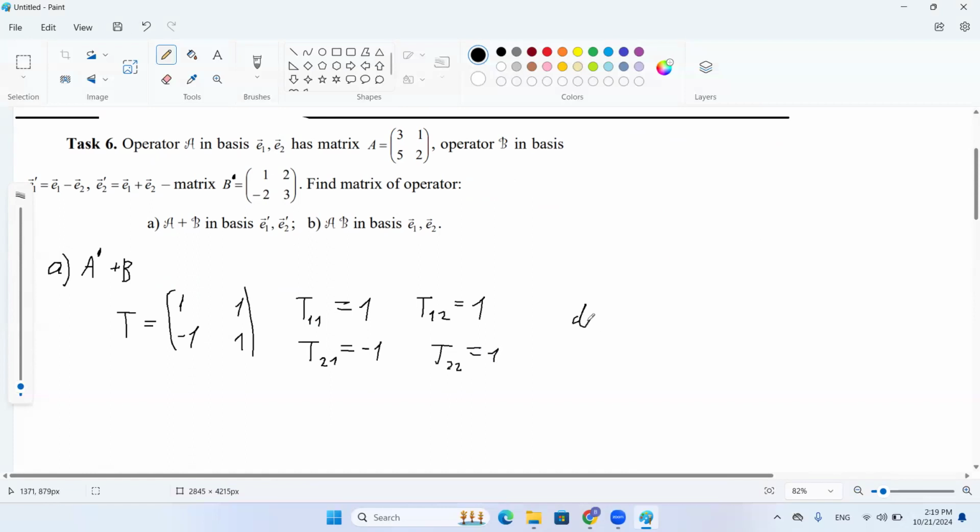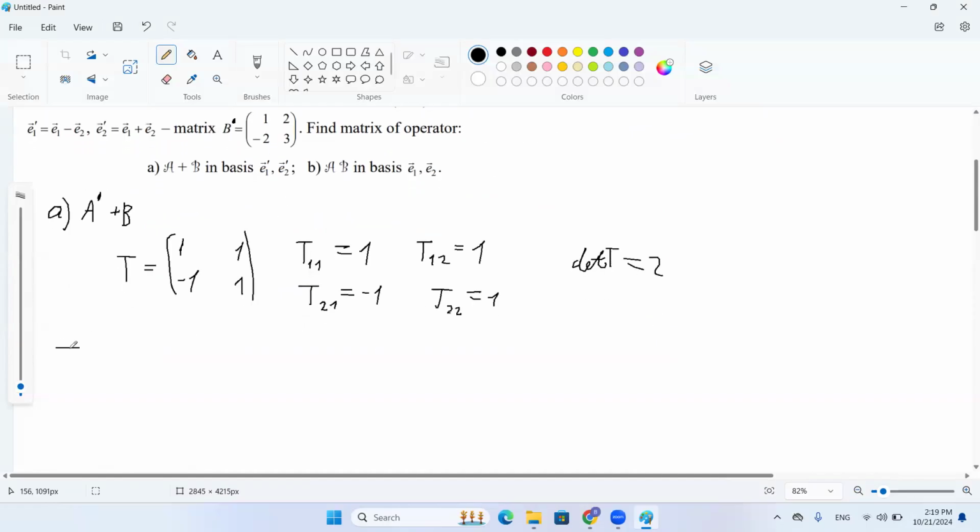And the determinant of matrix T, so 1 plus 1 equals 2. So let's write our inverse matrix T. One half, multiplied by 1, 1, minus 1, 1.